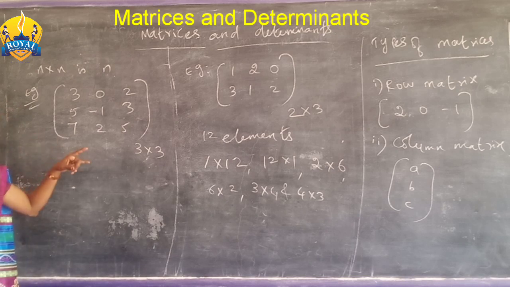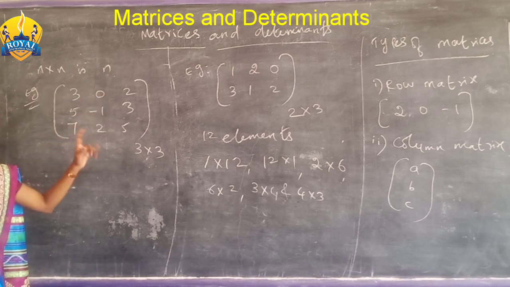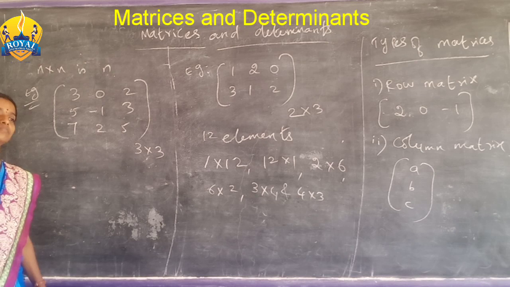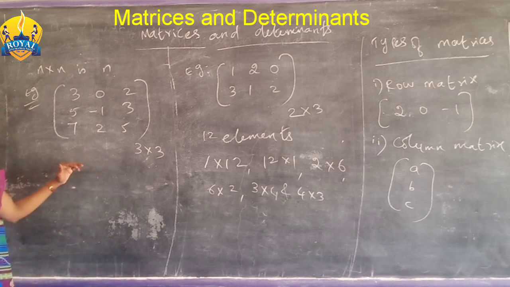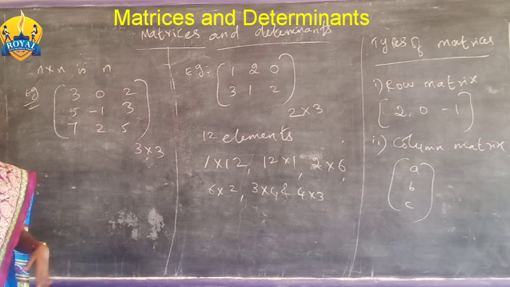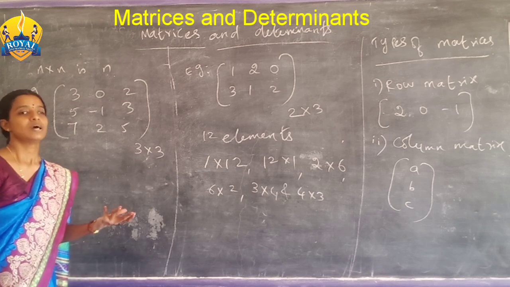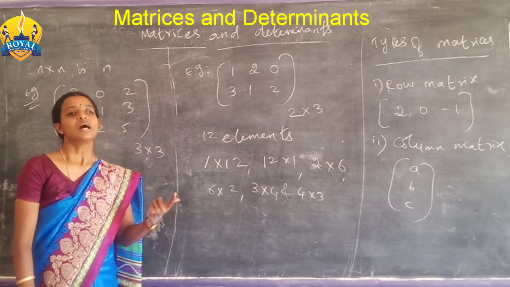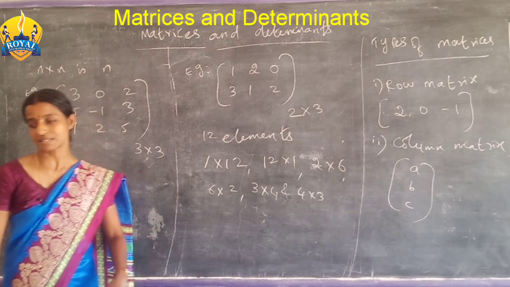Order of n cross n is n. Similarly, order of this 3 cross 3 matrix is 3. Follow? Fine. Now with the help of this square matrix, let us enter into what is a diagonal matrix, what is a scalar matrix, what is a unit matrix, and what is a triangular matrix.